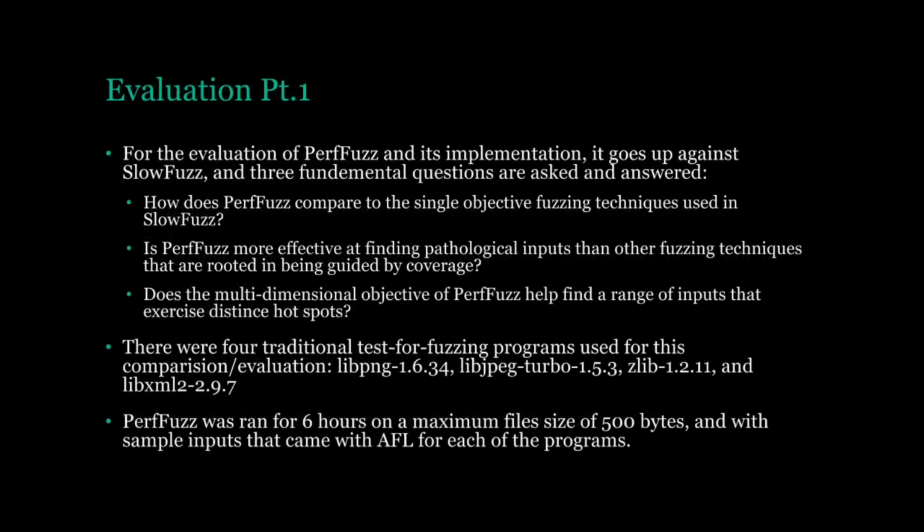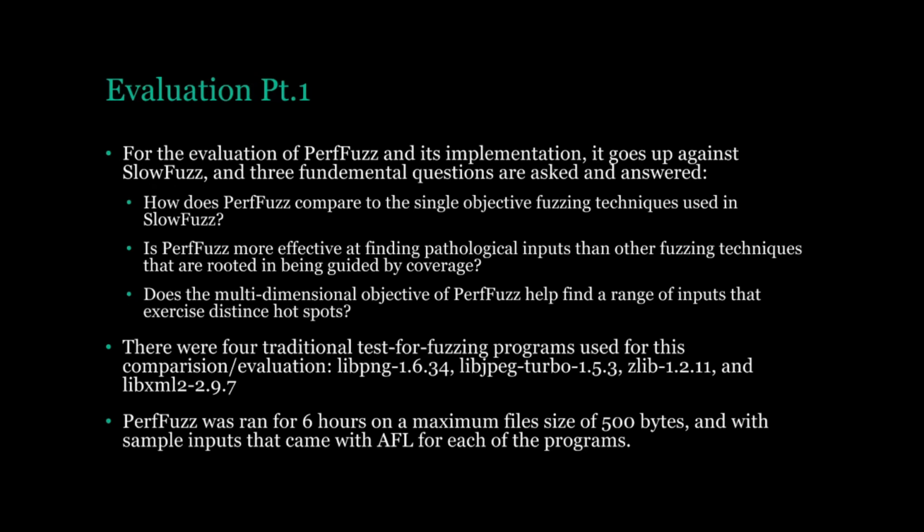So, after we talk about the implementation of PerfFuzz, we're going to talk about how they evaluated PerfFuzz to see how it works against other software that basically already does its job. PerfFuzz was put up against SlowFuzz, which basically does the same thing as PerfFuzz. It was written the same way, and 3 fundamental questions are asked and are going to be answered in this presentation.